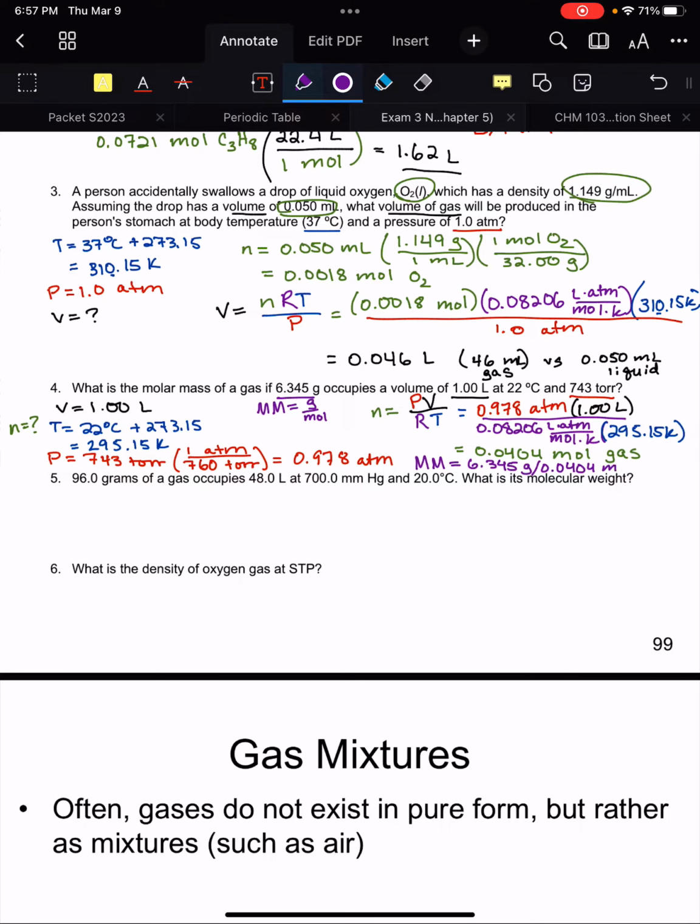Sorry, we ran out of space a little bit here. And we get 157 grams per mole with 3 sig figs because that's what we had from our pressure and volume. So we would be able to identify a gas that way.